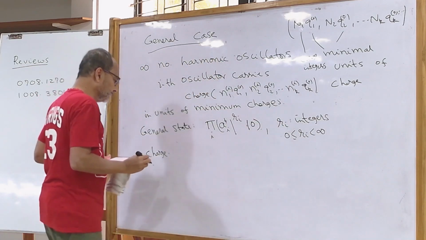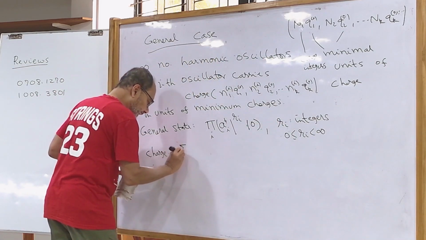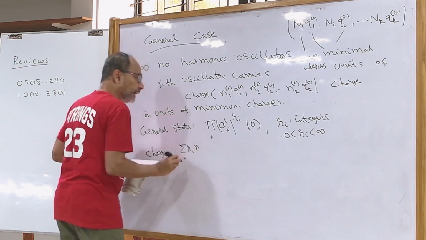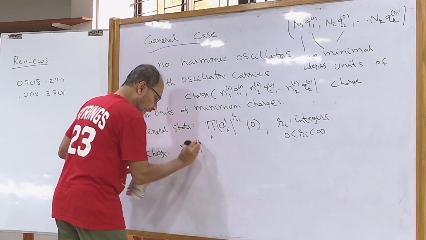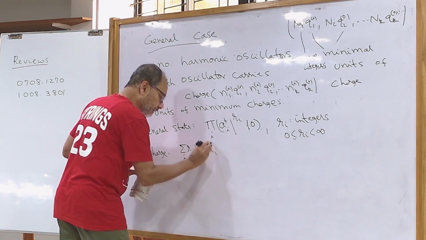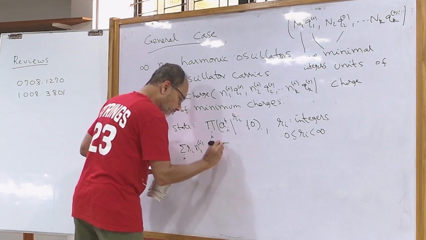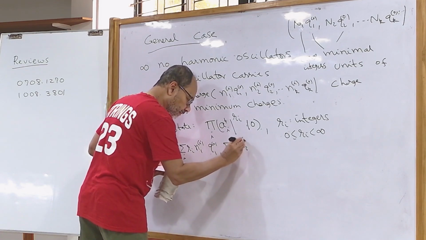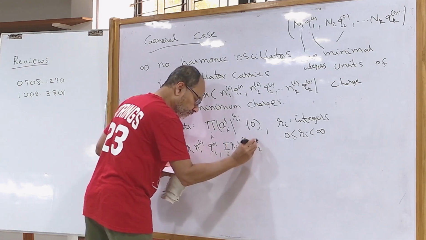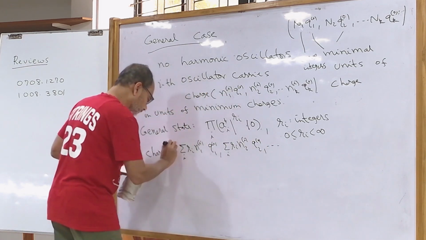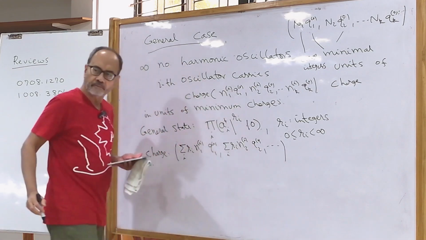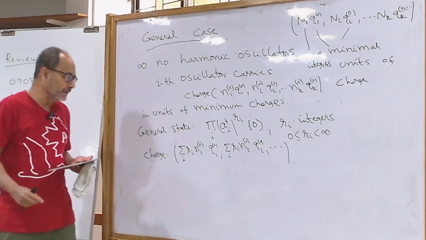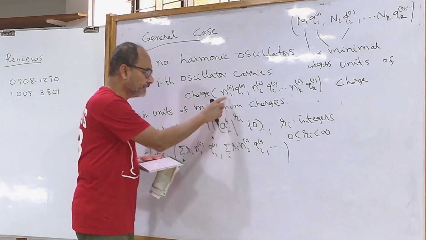So this will carry charge that is given by sum over i of ri n1i. Is that clear? Because for the ith oscillator, each of these ai daggers carries this much charge.